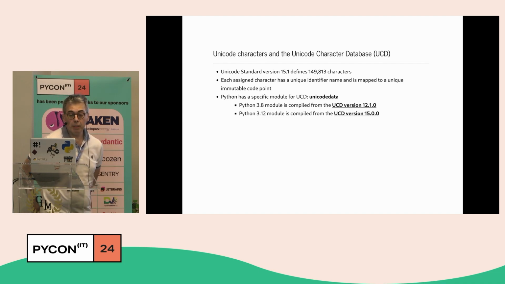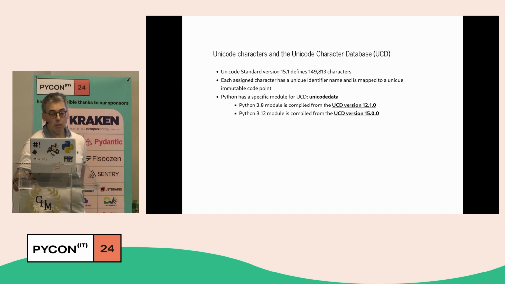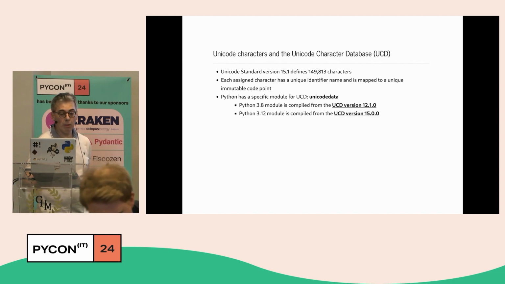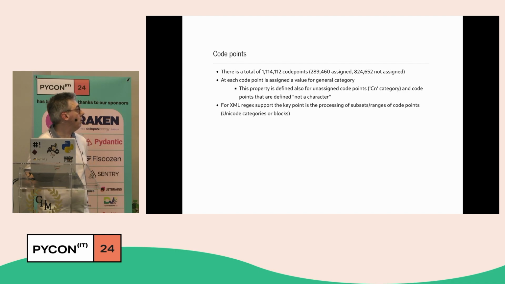Python 3.8 supports the Unicode Character Database 12.1. Python 3.12 is compiled with Unicode version 15. There are more than 1 million code points. Most of them are not assigned yet, but this is increasing version by version.